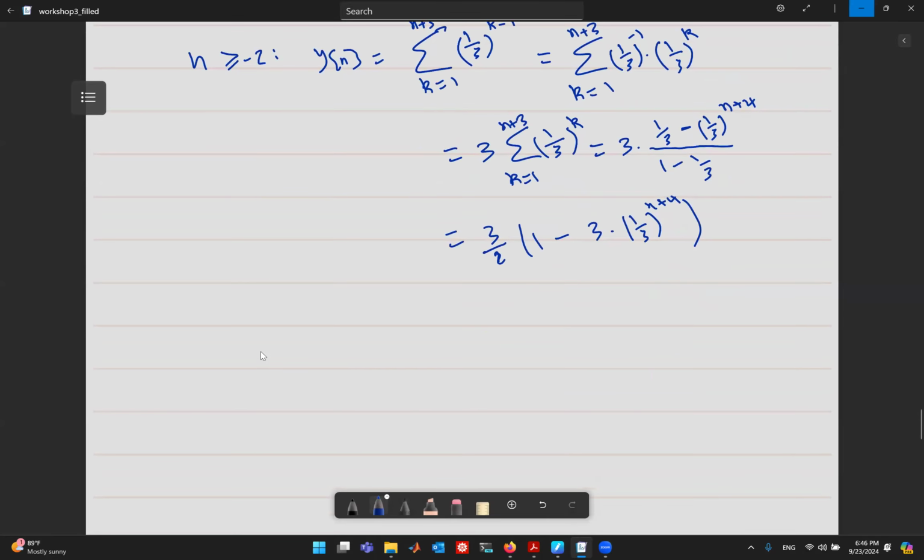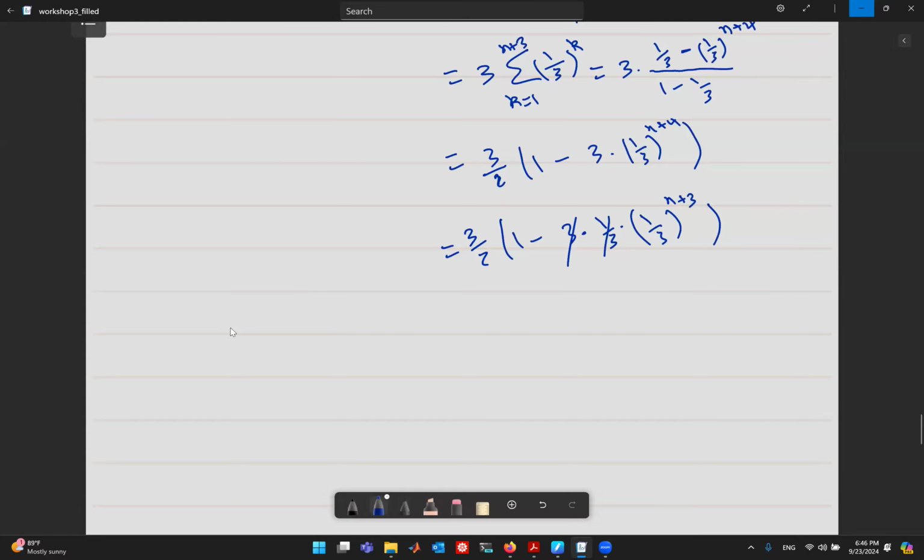And this can be written as 3 divided by 2, 1 minus 3 times. If we take one term out of this, it will be 1/3 times 1/3 to the power n plus 3, and those will cancel. And this will be the final: 3 over 2, 1 minus 1/3 to the power n plus 3.